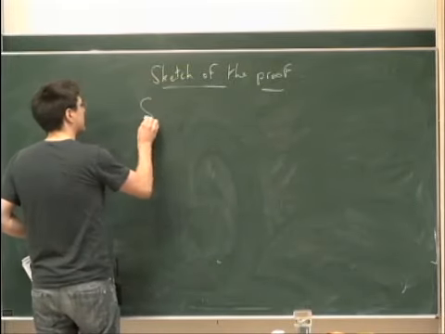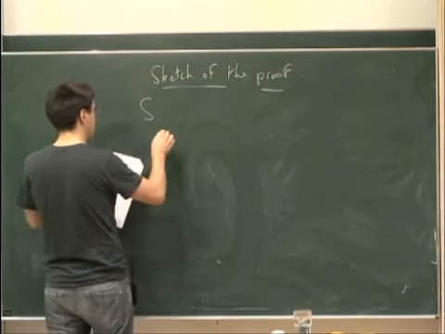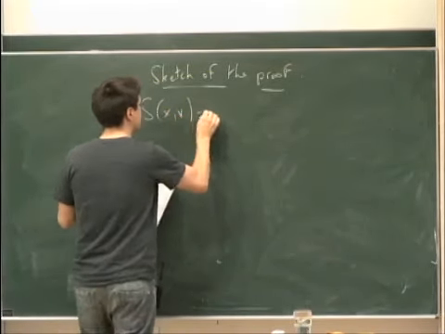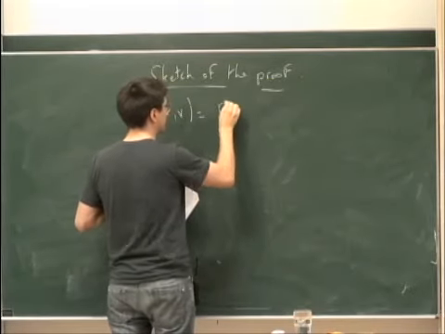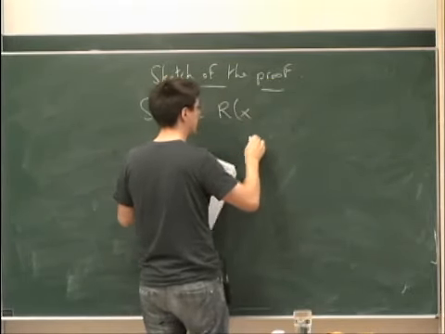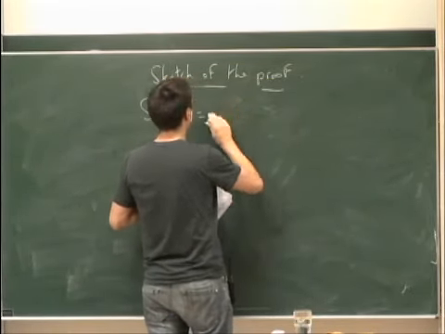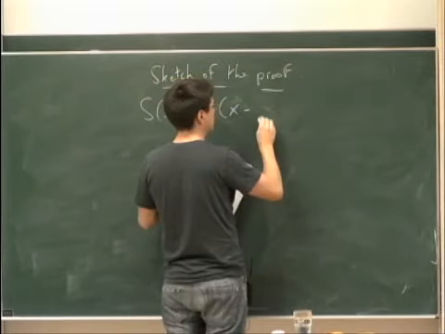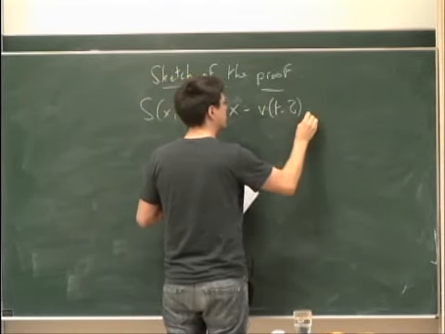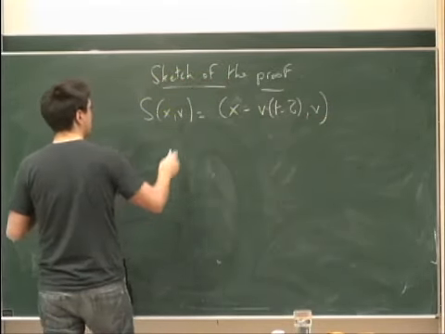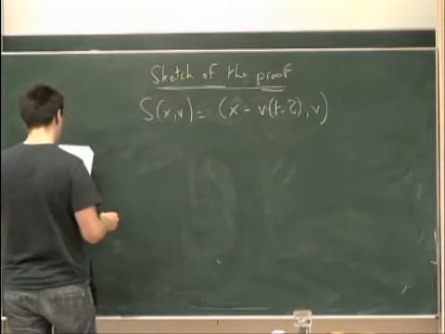So let's write S, the following, S of x and v. There is a bit of algebraic structure to write. S of x and v just means this change of variable. And then the key thing is the following.